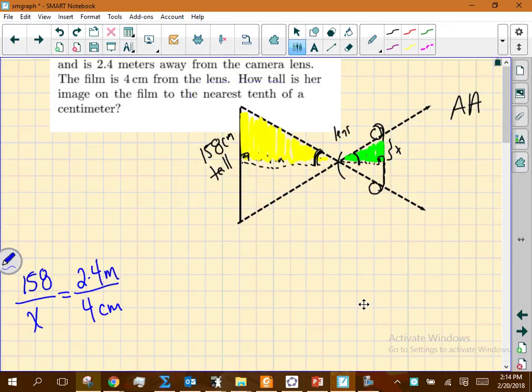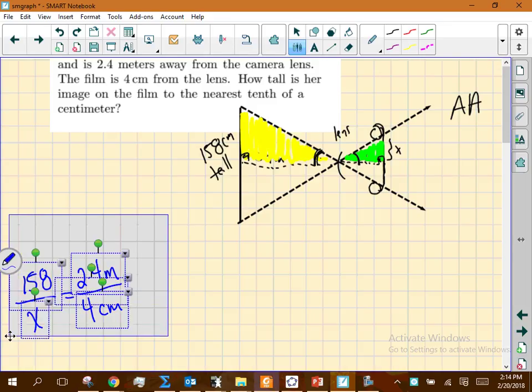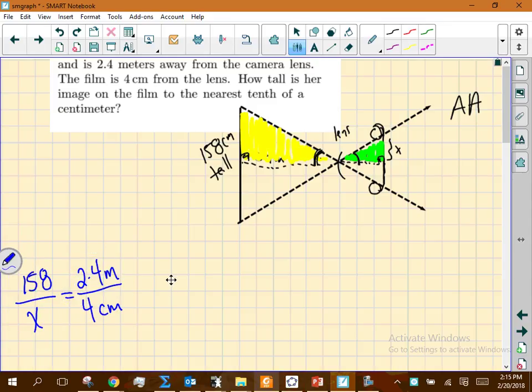There's an extensive amount of math involved in photography, like shutter speed and aperture, distances between lenses and focal lengths. A lot of math is involved, but a lot of it uses similarity and proportions to allow images to be displayed on film.